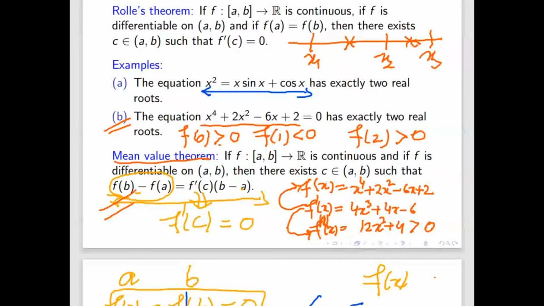But f dash has at most 1, so it cannot be possible. So f has at most 2 only, because if it had 3, its derivative would have at least 2 roots in between, by the mean value theorem. So it has exactly 2 real roots, but because it is degree 4, the remaining roots are complex numbers.